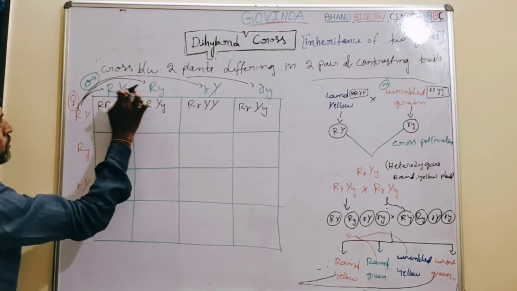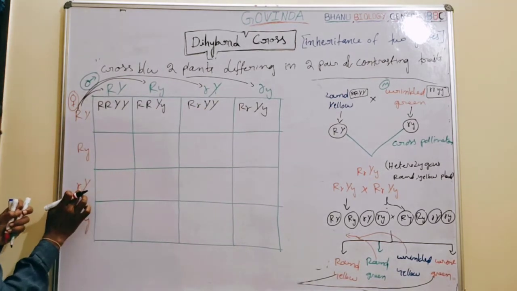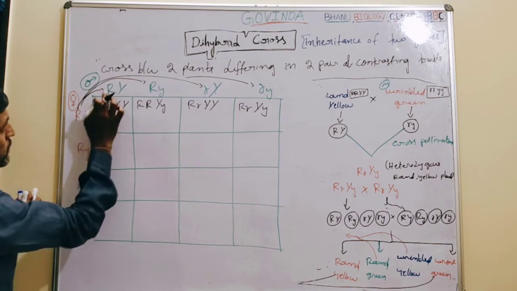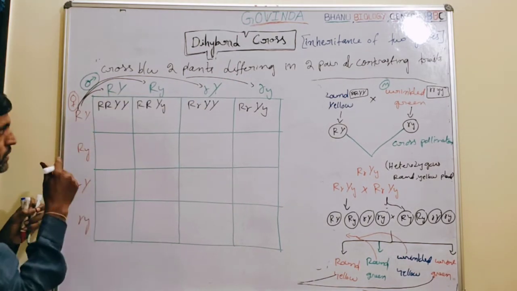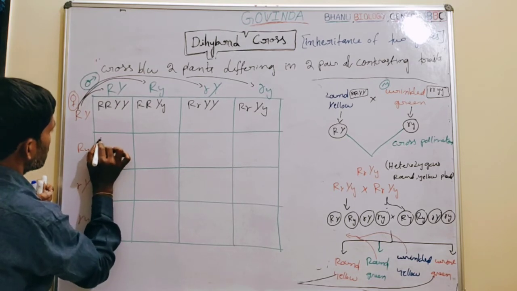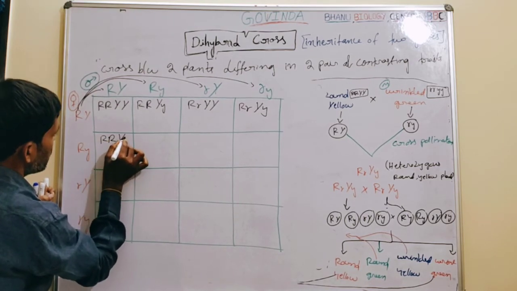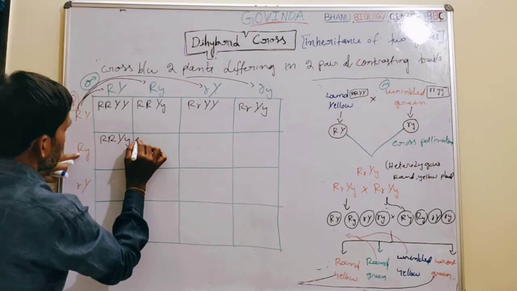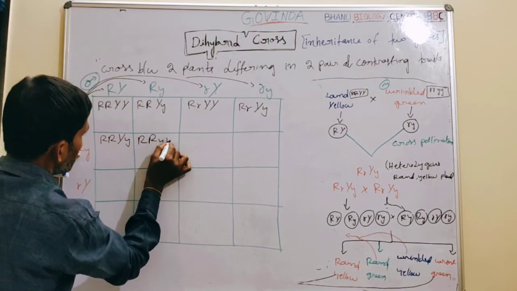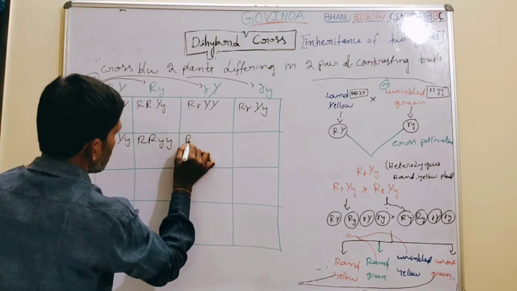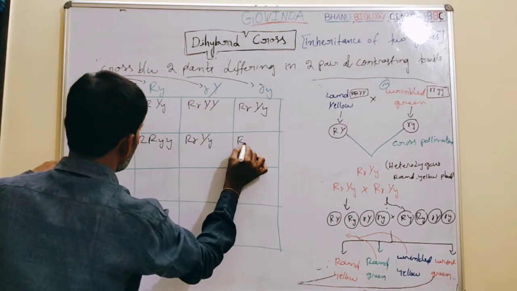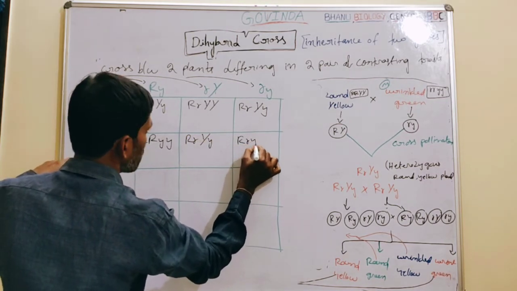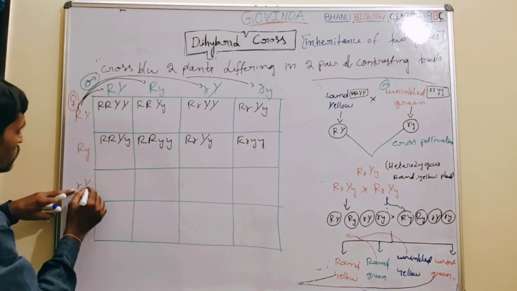This gamete with this one. Then fill this gamete with this one, and this one. So do the same for all these. Then capital R, capital Y, small y. Then capital R, small y. Then capital R, small r, capital Y, small y. Then capital R, small y. Then come to this gamete.